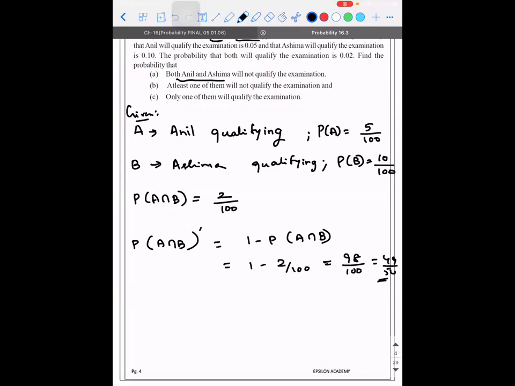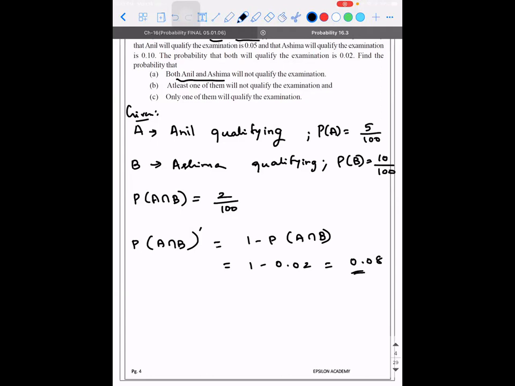It will be some 0.8 something. One minute. 1 minus probability of A intersection B, I can take it as 0.02 itself. We'll get 0.98.